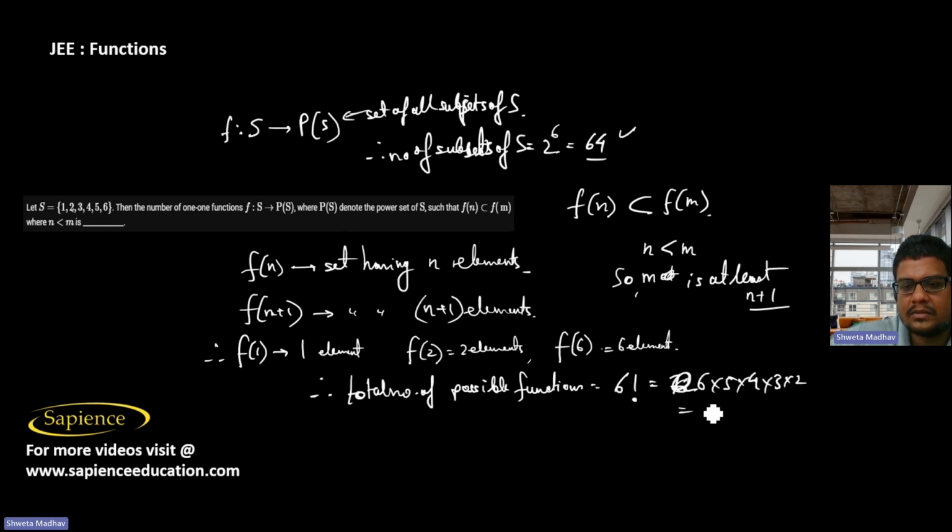So this will be 6 fives are 30, 30 into 4 is 120, 120 into 6. So this is 720.